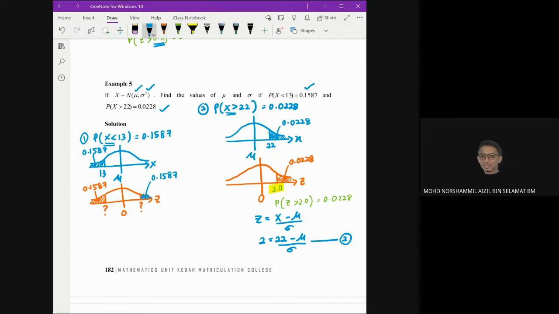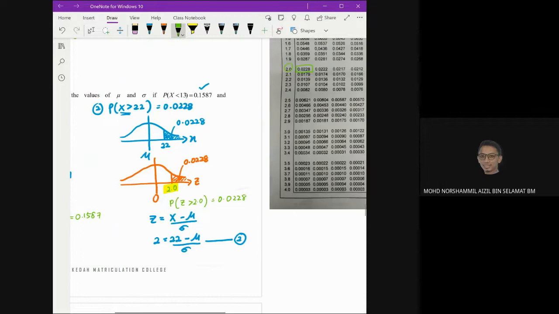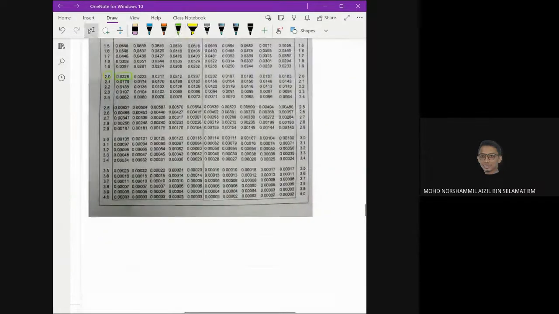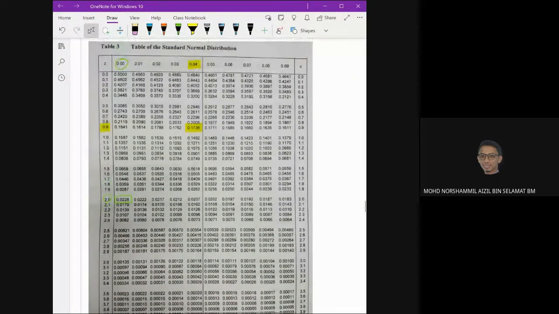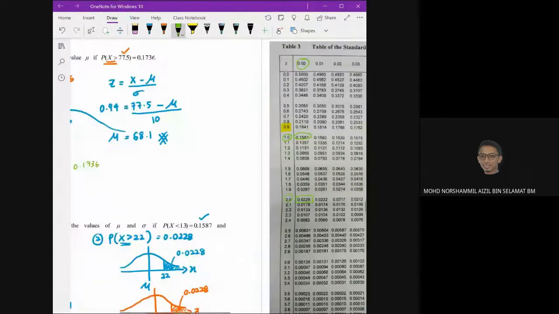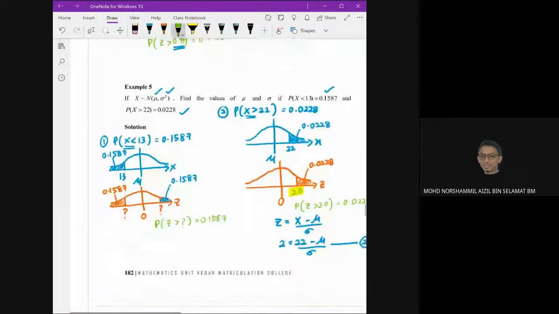Okay, let's read from the table. Probability of Z greater than what? That you will get 0.1587. Cuba cari. Oh, 1.0. Lajunya. So yang ni 0.1587.